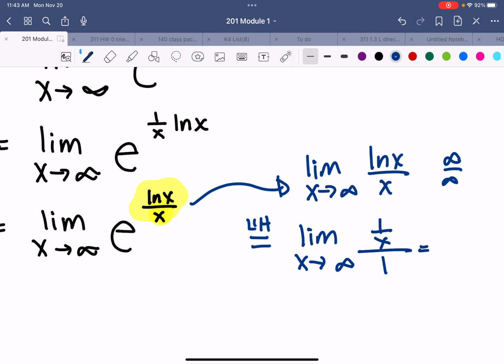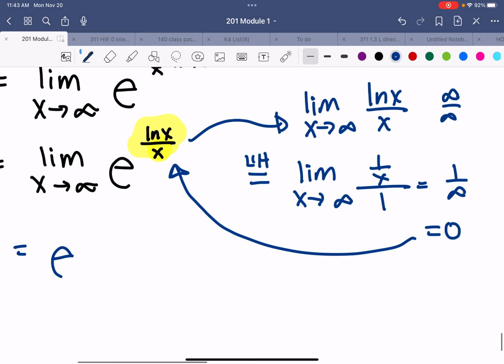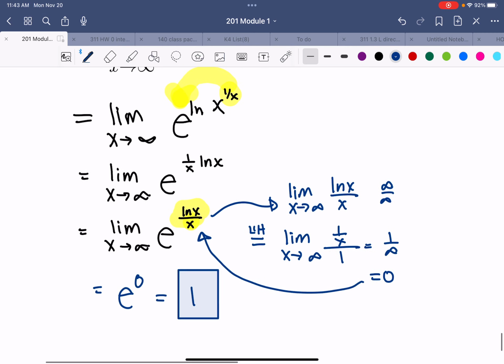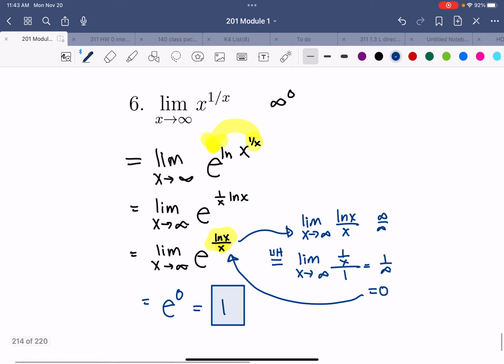And we plug in our infinity, that's 1 over infinity, which is 0. So I can put that back in here as I'm evaluating my limit, and that's going to give me e to the 0, and e to the 0 is 1. Okay, so we use that ln of an e to get that exponent out of there. That way we're not working with powers to powers. Okay, and that's going to be it for our guided practice.